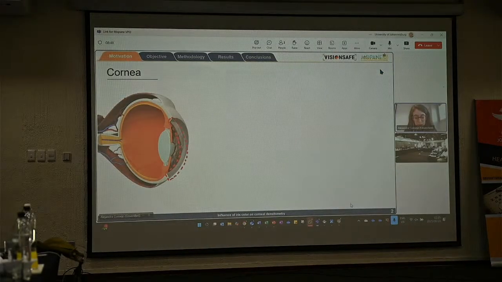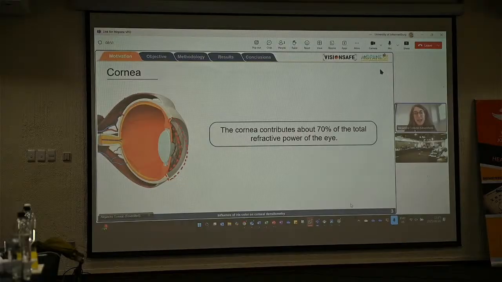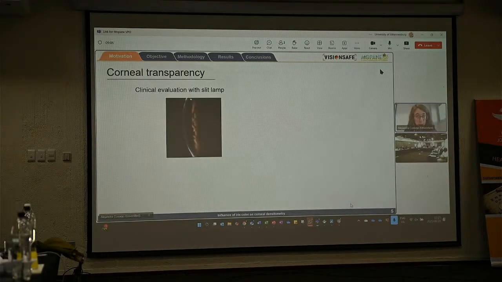We need the cornea to be transparent because it's the window of the eye, right? This presentation is about the transparency of the cornea, how we can assess it objectively, and which factors might influence it.